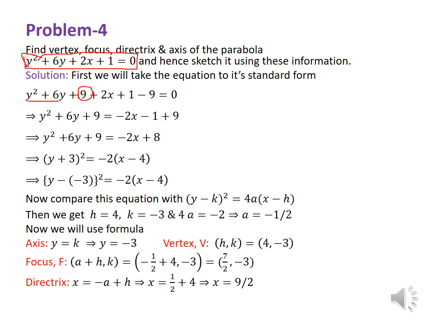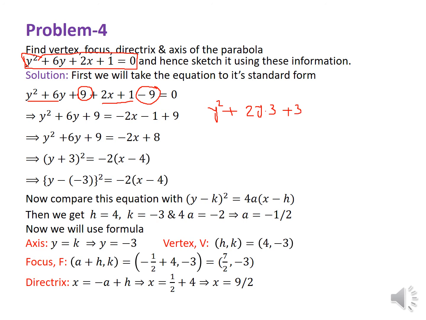Since there is no 9 here, we have to add and subtract 9. So 6y can be written like this, y² + 2 into y into 3. So we need actually 3².